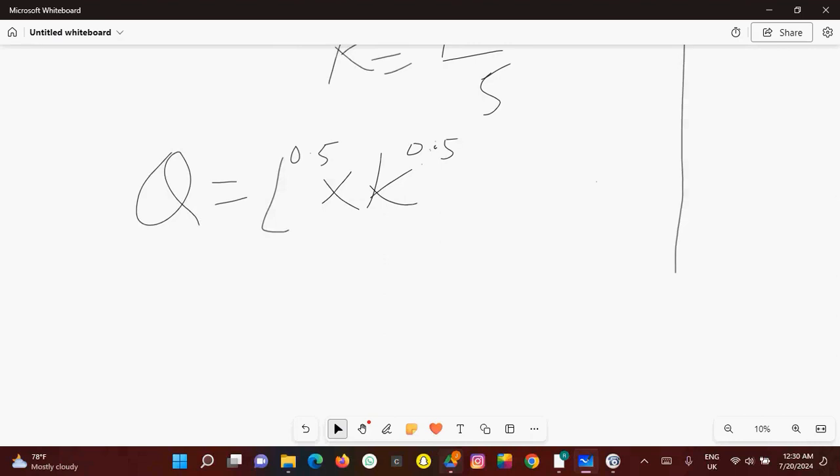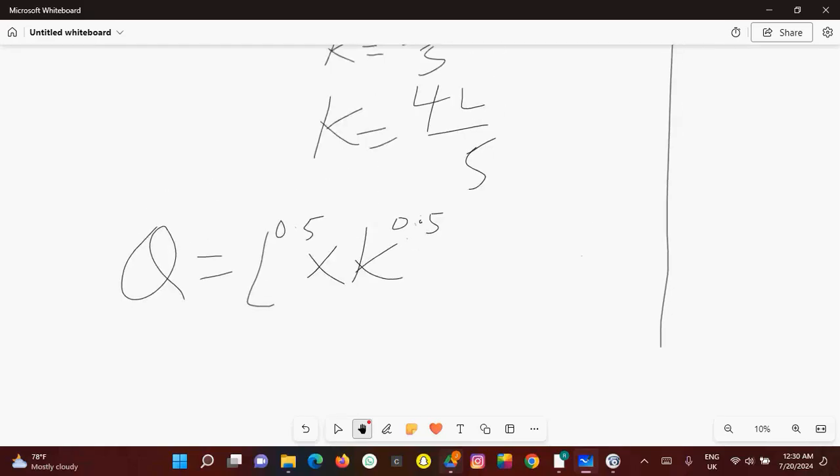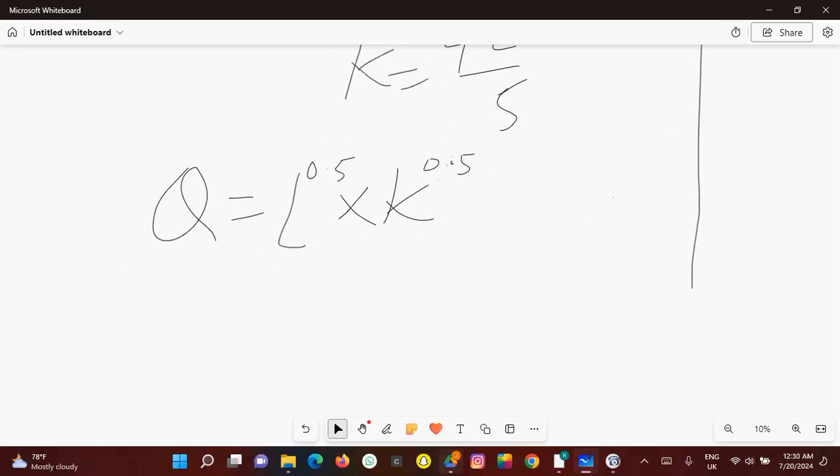That is the production function, right? So now we've gotten K. What is K? K is 4L over 5. And remember, we are producing 50 units. So 50 is equal to L to the power 0.5, times K to the power 0.5.